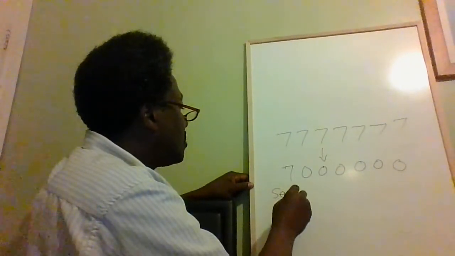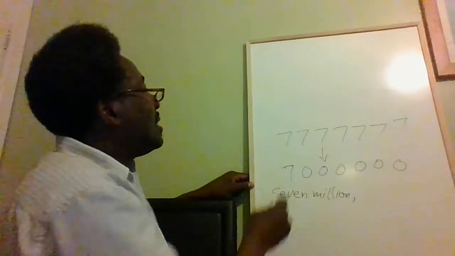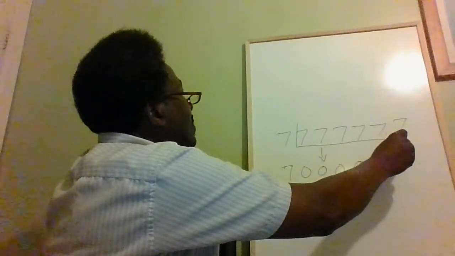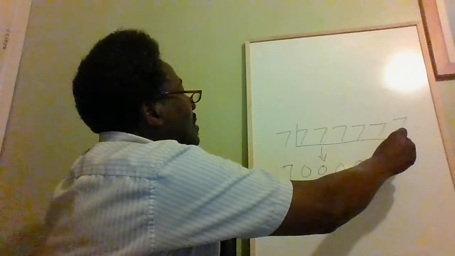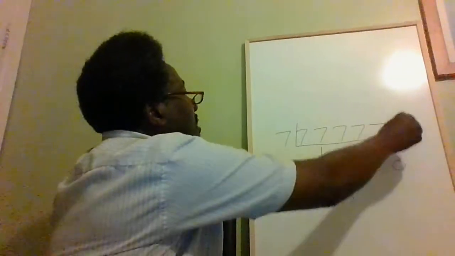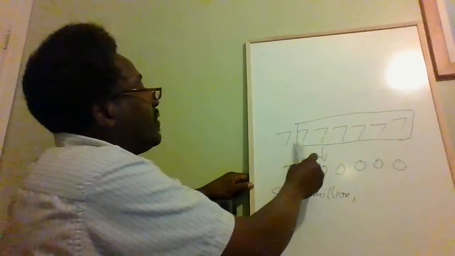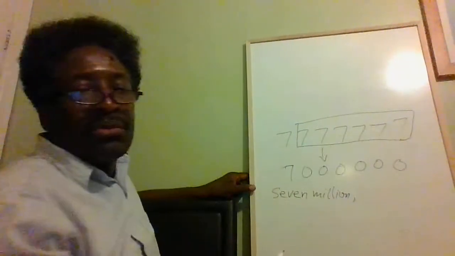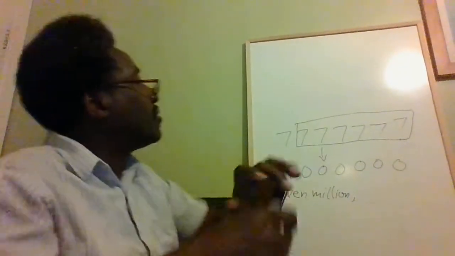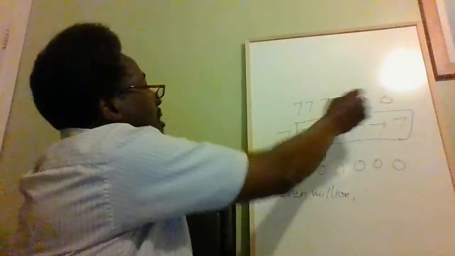So you say 7 million, comma, and then you now say this remaining 6 digits. You say that in words, which we have done before. 50-50 split. Keep the first 3 digits, and then make the last 3 digits 0. So that's 777000. You say that in words.